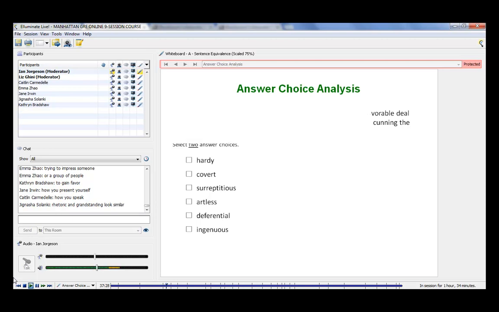I'm going to cover up the sentence itself, and for a start, we're simply going to work with these answers. So first thing I want to know is, do you guys see any answer choices that form a natural pair of words meaning the same thing? What do you guys think?